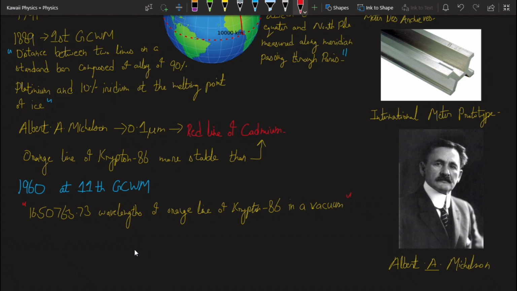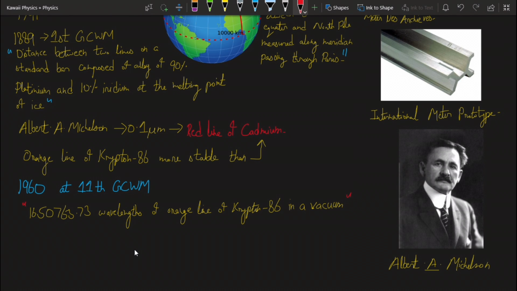So in 1960 it was changed into a new but better definition, but still people and scientists needed a more accurate definition for the meter based on the natural constants, the constants of the universe. Like we have the gravitational constant, we have Planck's constant. These are all universal constants.